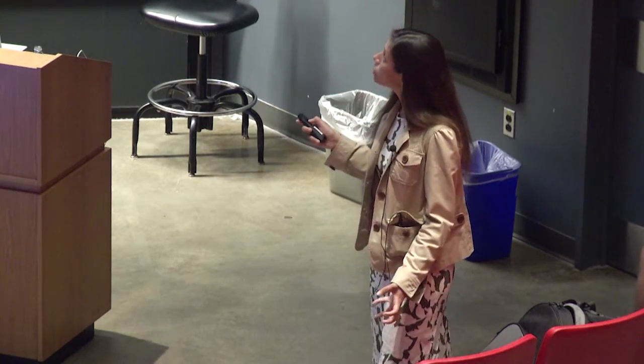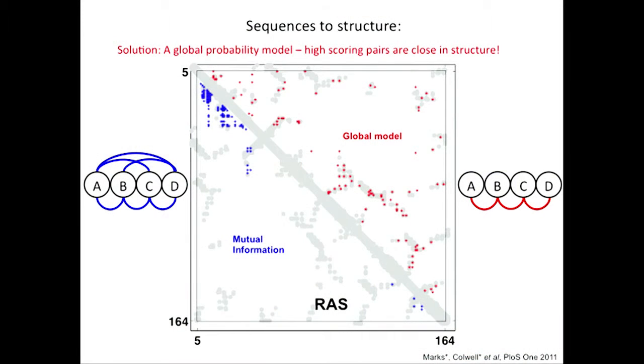And it turns out that when we do that, this is the high-scoring pairs found using that probability model. If you look carefully, you can see that the red points generally are falling on top of these gray points, which are contacts in the 3D structure. And you can compare it to the mutual information result, which is shown in the lower quadrant of this matrix, where we weren't able to find many of the actual contacts at all.